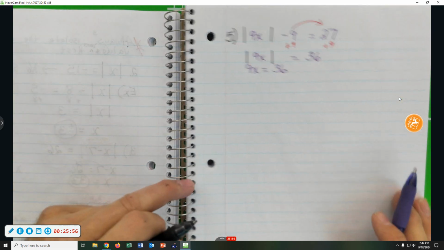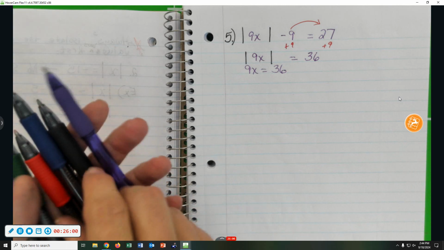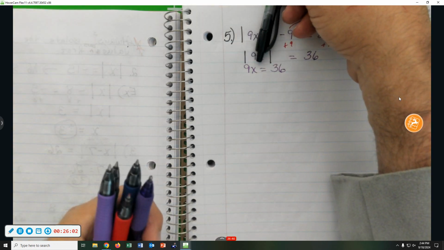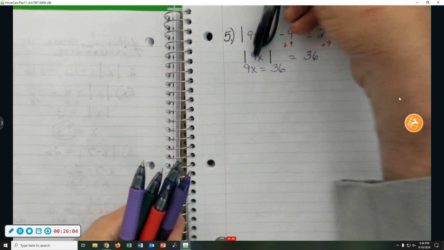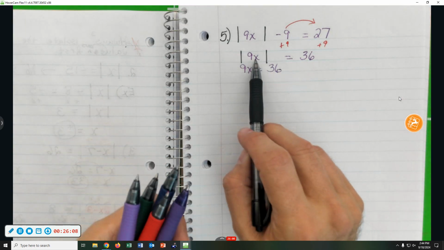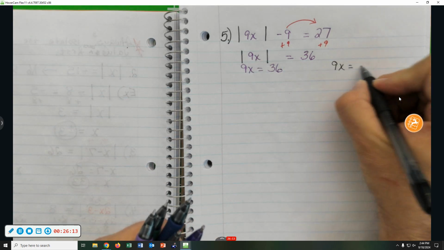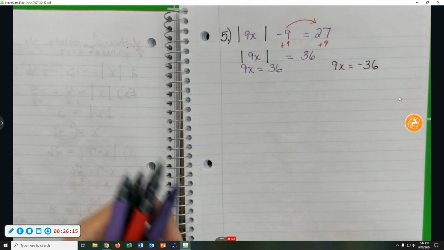Only two numbers that can be inside here are positive 36 and negative 36. So we're finding out what will make it a positive 36, and here a negative 36.